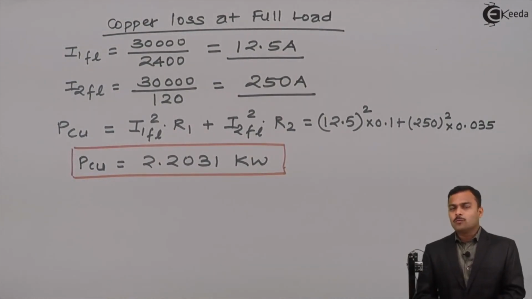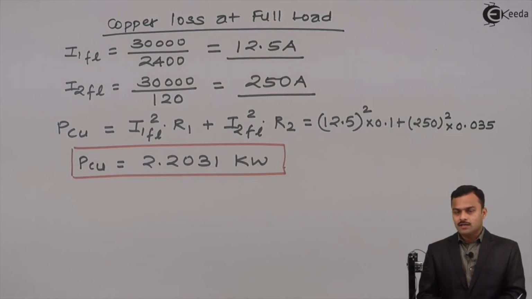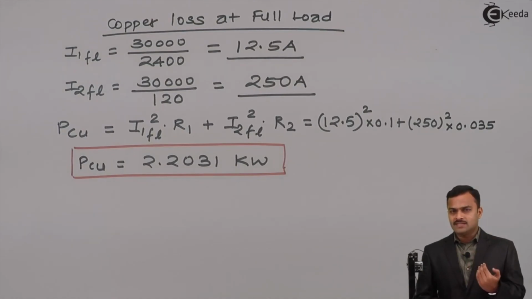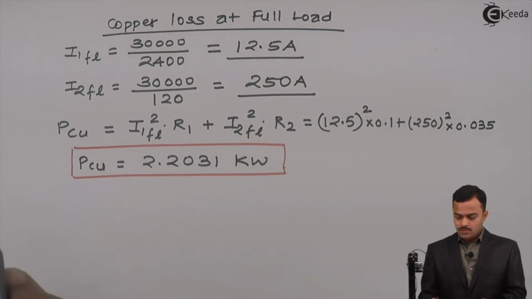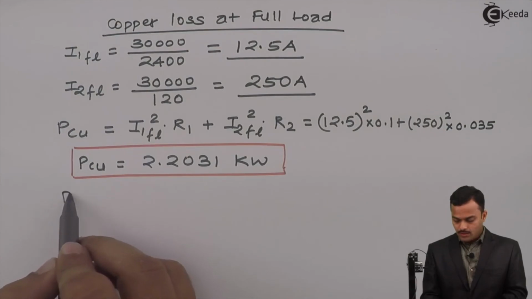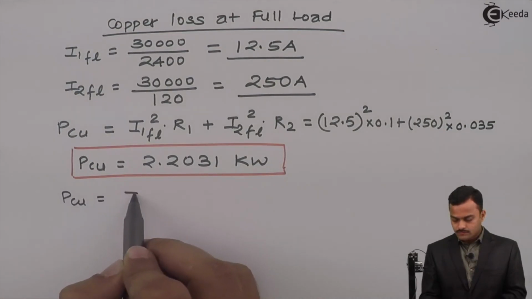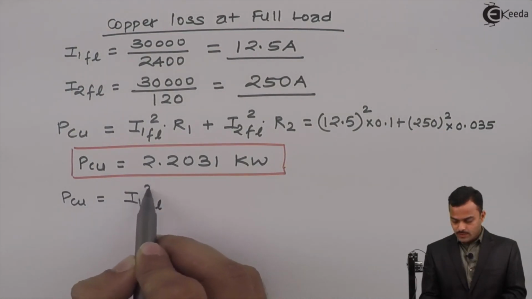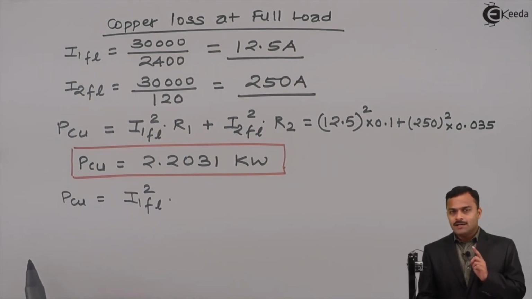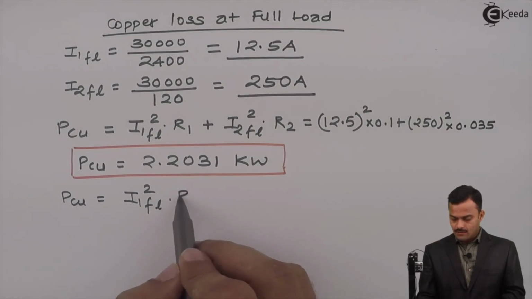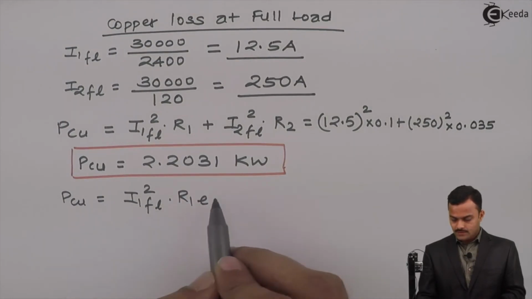Now I will give you two more formulas to get copper loss. What is the first formula? Instead of considering two circuits separately, I will consider only one circuit. Let's consider a circuit where all the elements are referred to primary side. Using that, copper loss equal to primary side current square multiplied by resistance referred to primary side, that is R1E.